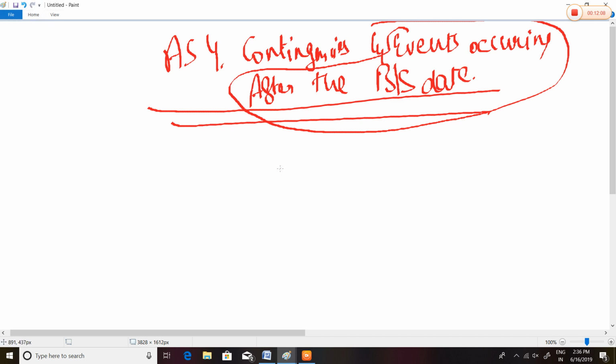What does it mean? Events occurring after the balance sheet date, by giving reference to SA, that is Standard on Auditing number 560. What does it mean? That the events occurring after the balance sheet date but before the auditor's report.